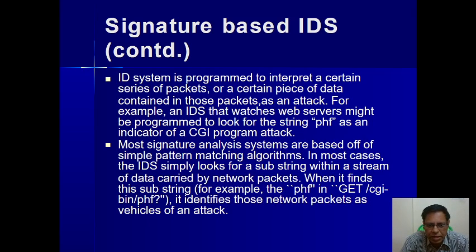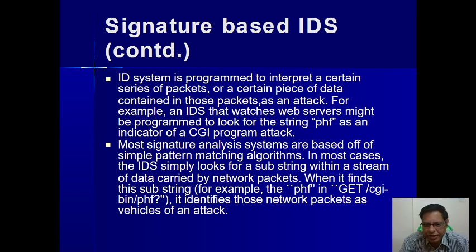Most signature analysis systems are based on simple pattern matching algorithms. In most cases, the IDS simply looks for a substring within a stream of data carried by network packets. When it finds this substring, for example the phf in a GET or CGI or binary, it identifies those network packets as vehicles of an attack.